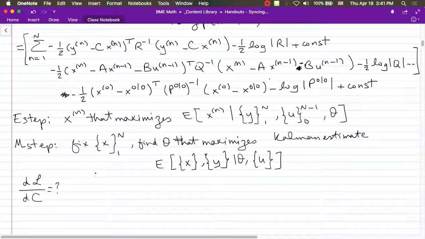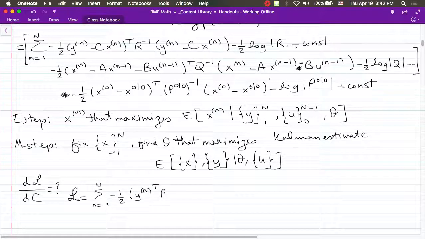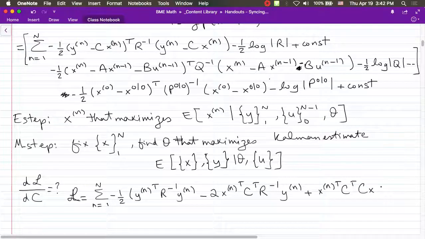So the part of the likelihood that we want to work on is the part that has a C in it, which is that first part here. So all I did is that I just multiplied this through.